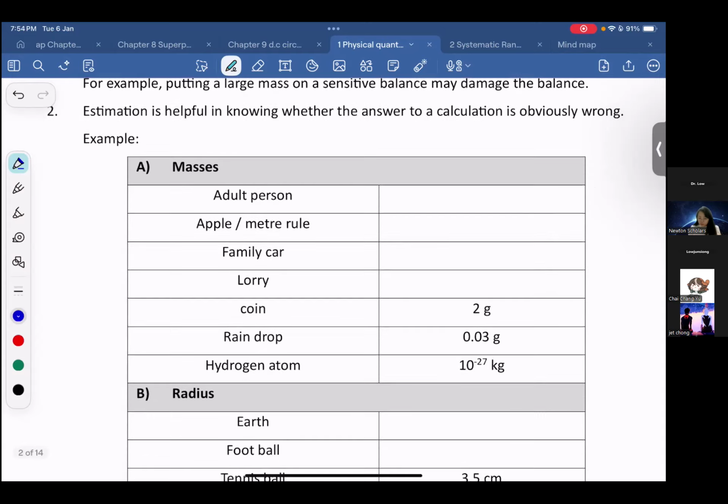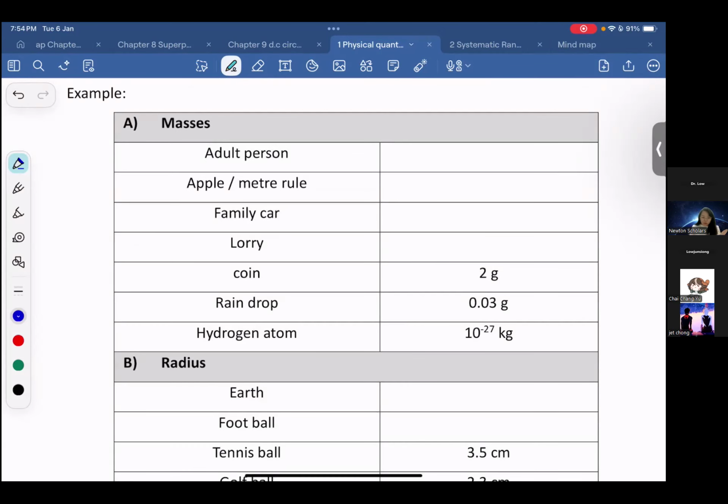So here, the mass of an adult, we do some estimations. An adult person is roughly 60 to 80 kg. So maybe we can write 70 kg. Apple. Do you know the mass of an apple? We never think about that, right? You can go to a supermarket and roughly observe.